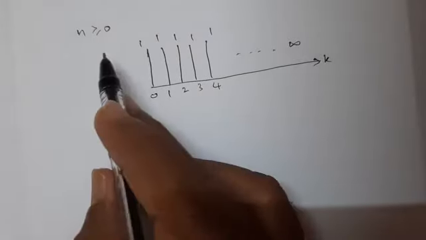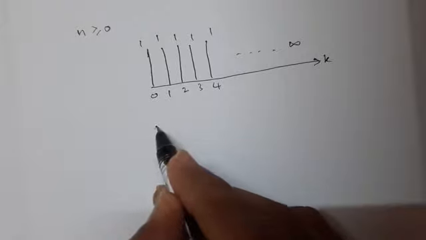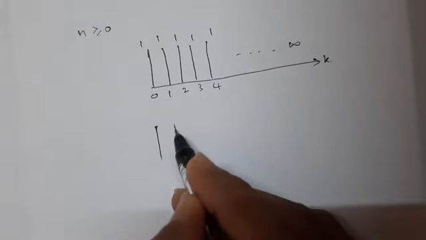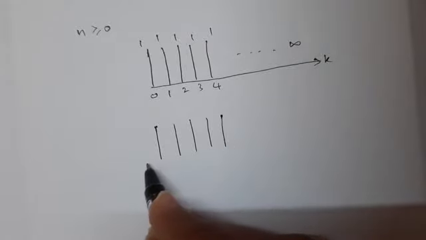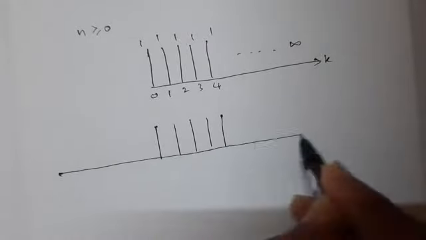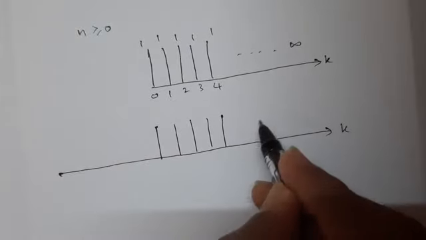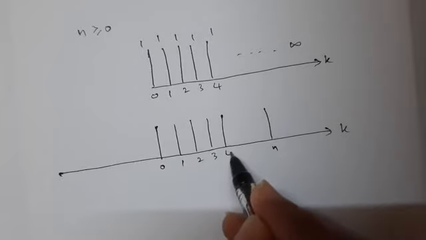Now n greater than or equal to 0 on the time axis. So when you are telling that n is greater than 0, what does it mean? Somewhere here. This is 0, 1, 2, 3, 4.